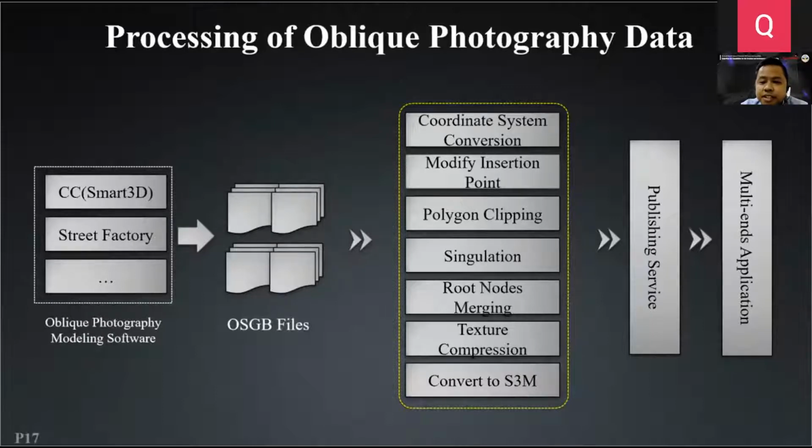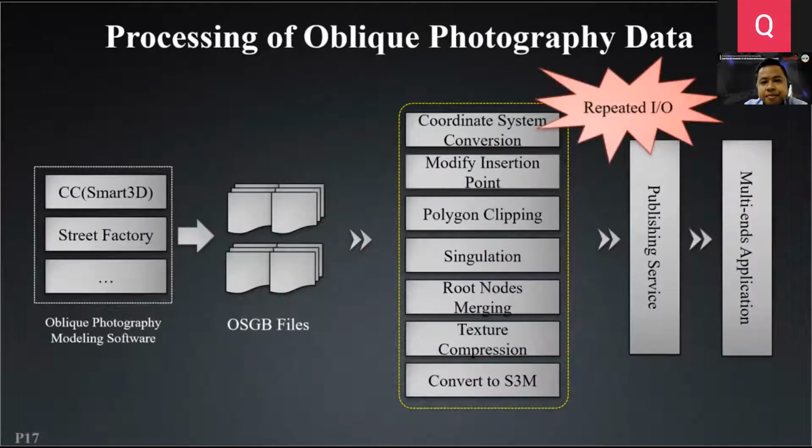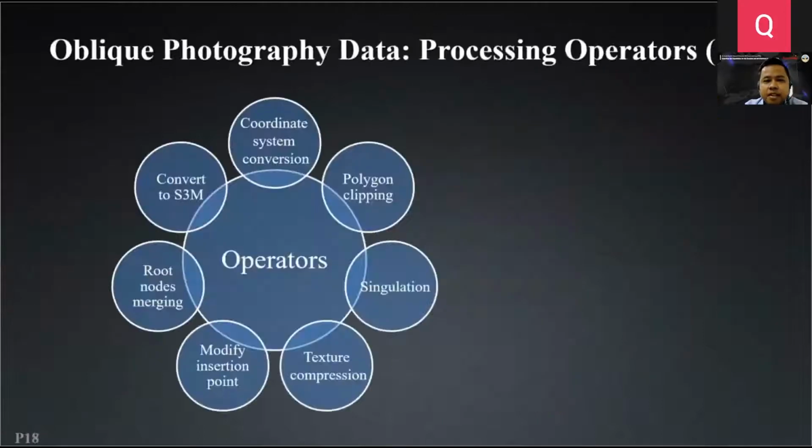In general, we will perform multiple processing operations on oblique photography data, so it will be read and stored repeatedly. Multiple inputs and outputs greatly affect the processing efficiency. Then we can turn these one-by-one processing steps into processing operators.